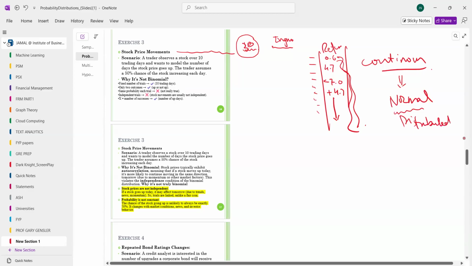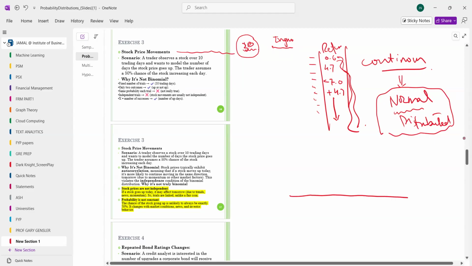Now, let's discuss the properties of the normal distribution. In a normal distribution, what you will see is a bell curve, a symmetry around what? It is symmetrical in nature, but in what sense?